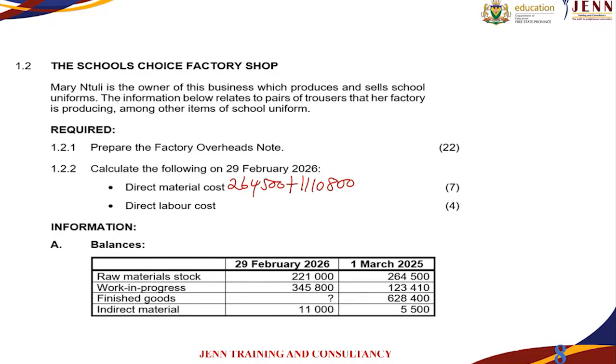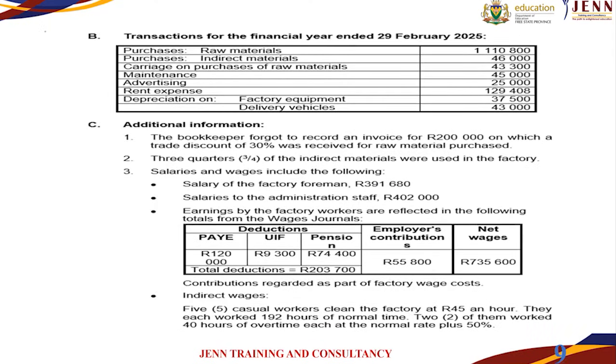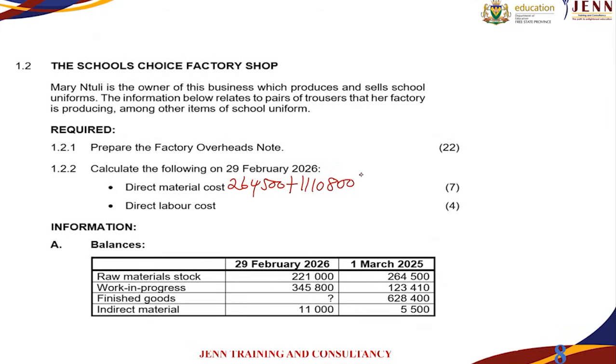And then we go again to the formula. It says plus carriage on purchases. When we continue with information B, it says carriage on purchase of raw materials 43,300. Now we are going to say plus 43,300. And then it says minus returns.